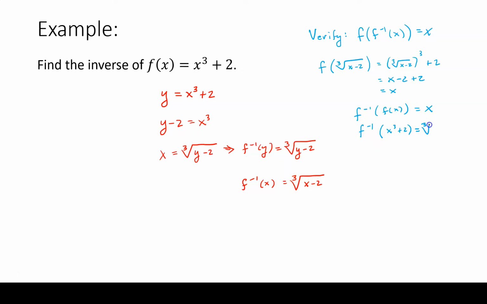So we'll plug x cubed plus 2 in for x in our inverse function. We see here we have x cubed plus 2 minus 2 inside the cube root. Plus 2 minus 2 cancels, leaving me with the cube root of x cubed. And then the cube and the cube root cancel, leaving me with just x.